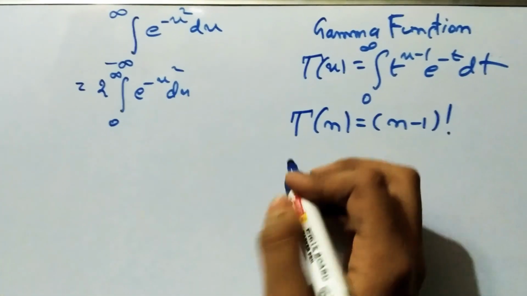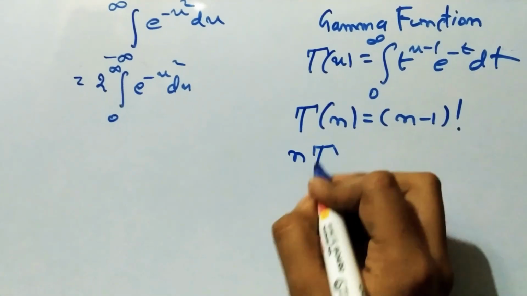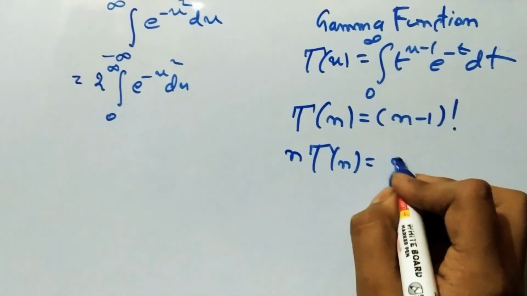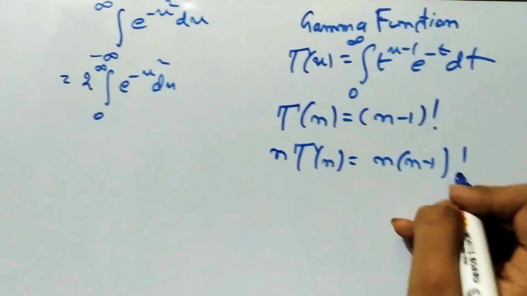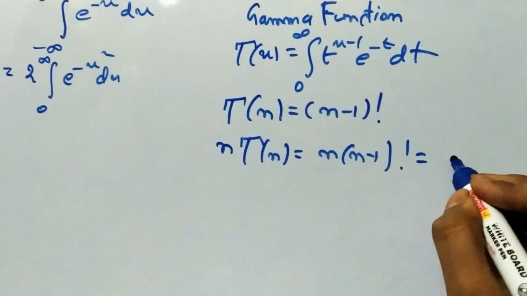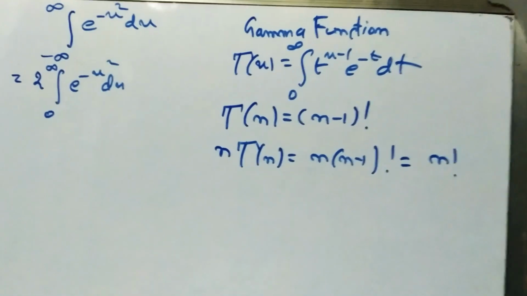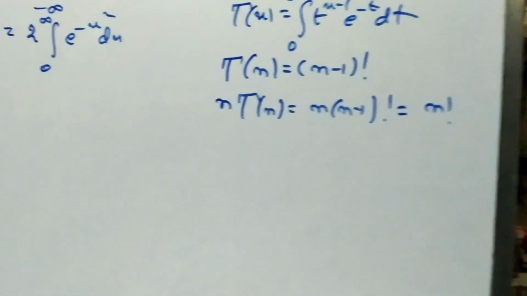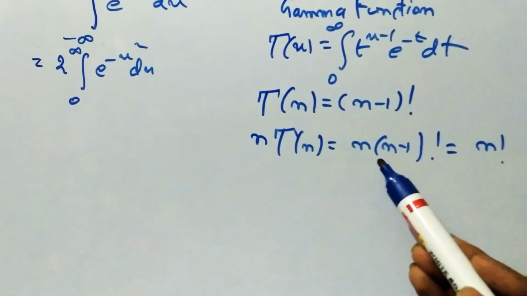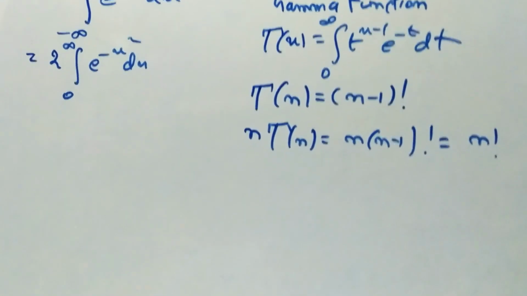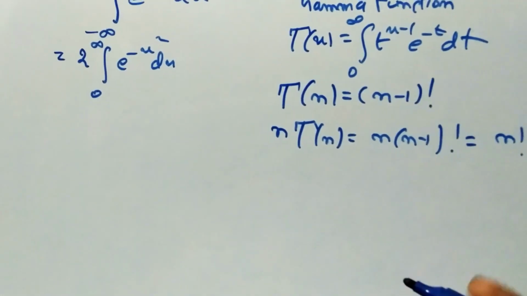From here, we can also write that if we multiply n with the gamma function of n, we get n times n minus 1 factorial, isn't it? So this will actually be n factorial.